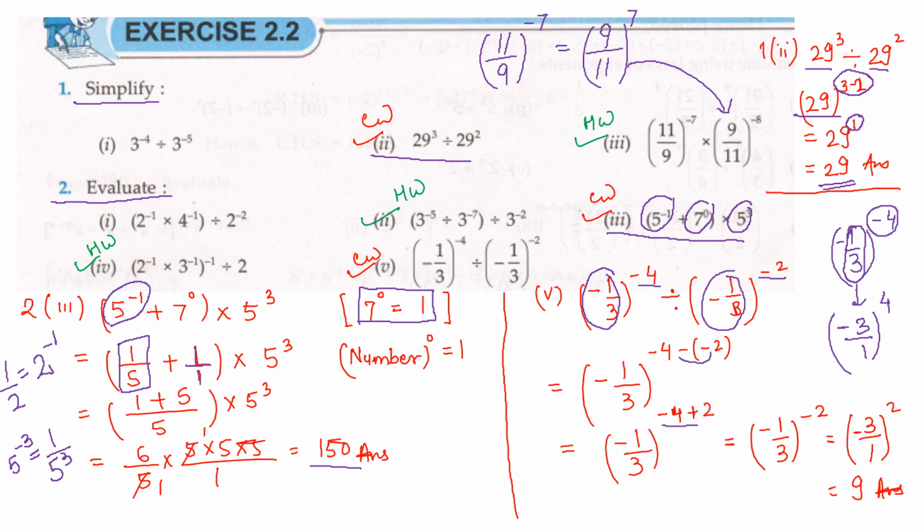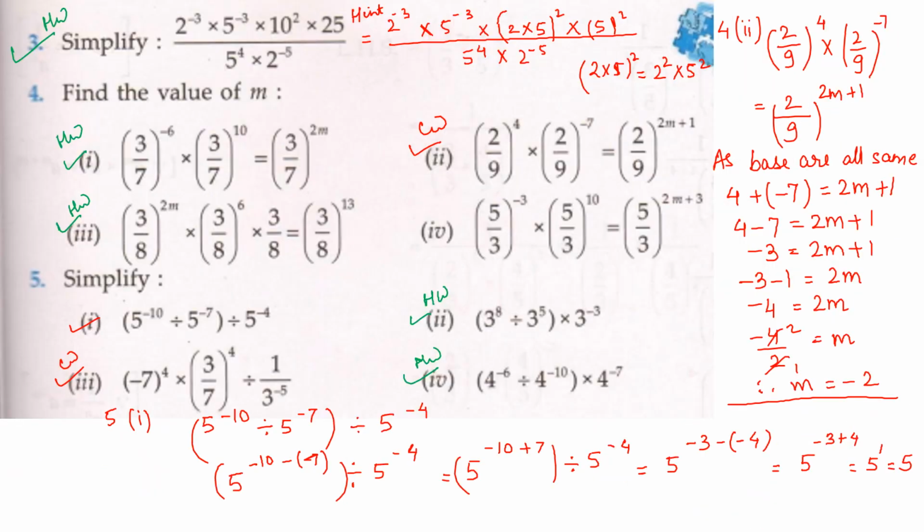So minus 4 plus 2 will be a minus 2. So minus 2 we have to make it a positive number. So 1 by 3 will be reciprocated to 3 by 1. Minus 3 by 1 to the power 2. It means minus 3 into minus 3 by 1 into 1, which is equal to 9.